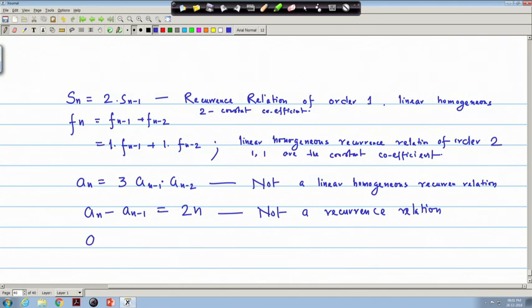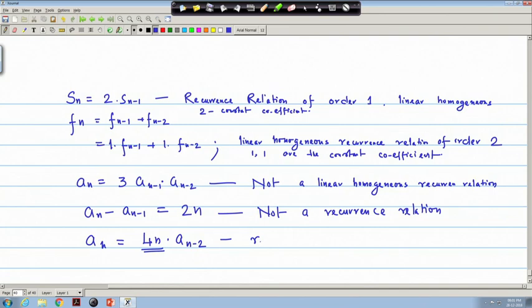Or if I write a_n is say 4n a_{n-2}, again this is a recurrence relation, but not with constant coefficient, because here the coefficient 4n is not a constant.